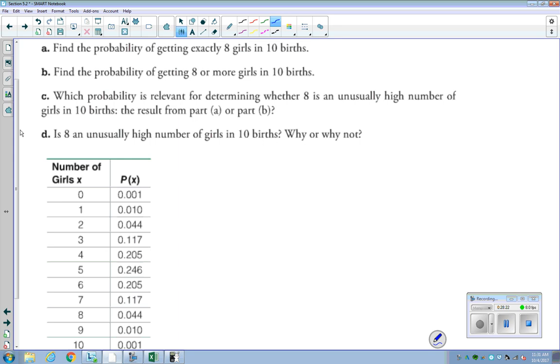This chart in 10 births shows me the probability of getting 0 girls, 1 girl, 2 girls, all the way up to getting 10 girls out of 10 children. So the first one says find the probability of getting exactly 8 girls out of 10. Well, exactly 8 girls out of 10 would be 0.044. Everybody sees that, right?